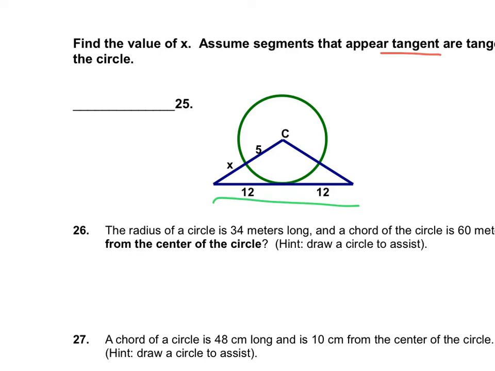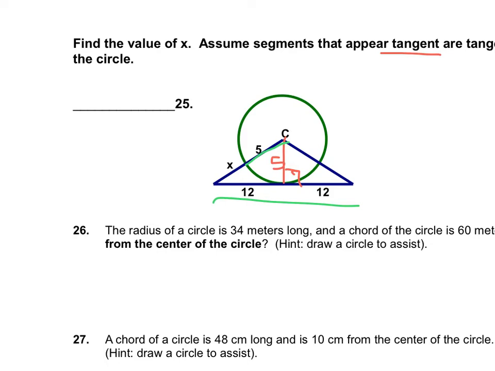And you had to use the tangent theorem, which states that a radius is always perpendicular to a tangent. By doing so, you are now using the Pythagorean theorem or your triples, because I've already given you that length, 5, which means I can just label that radius 5.